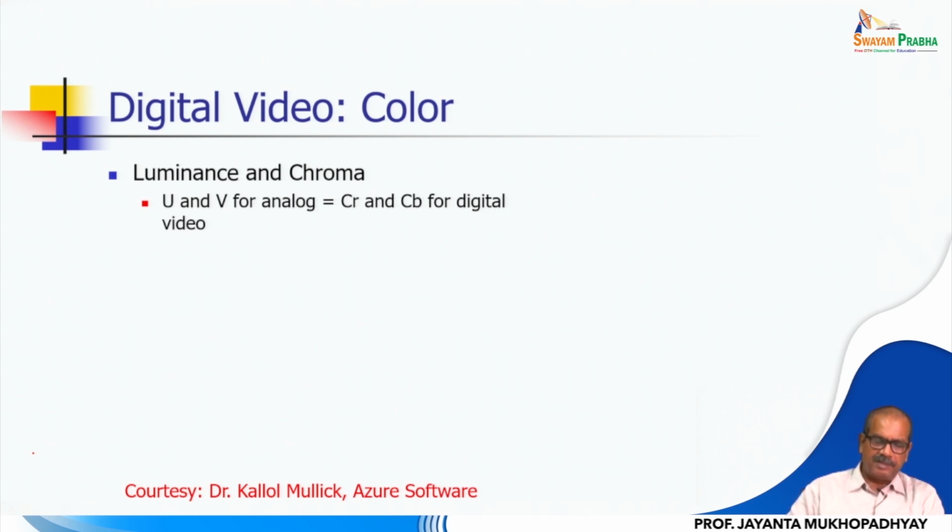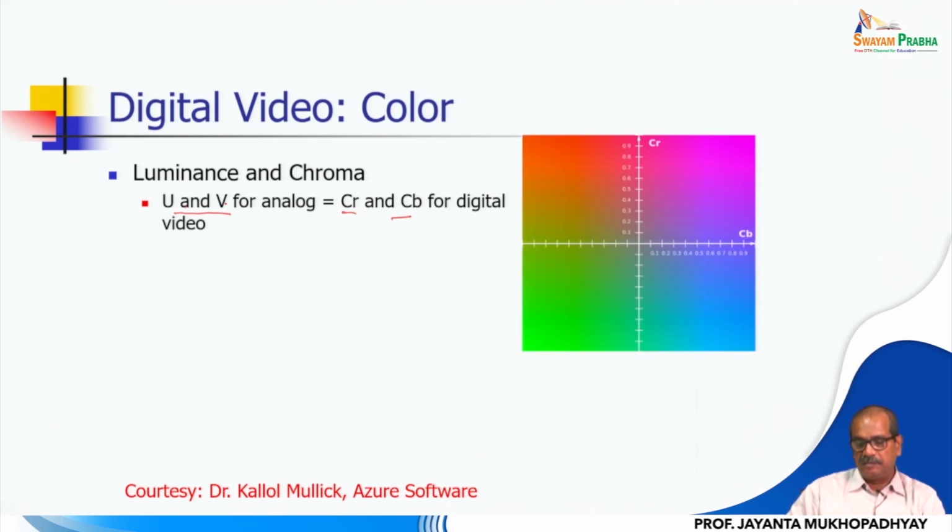So we have the YCrCb or YCbCr space for the color representation in digital video. For analog representation, there is a standard transformation called YUV.